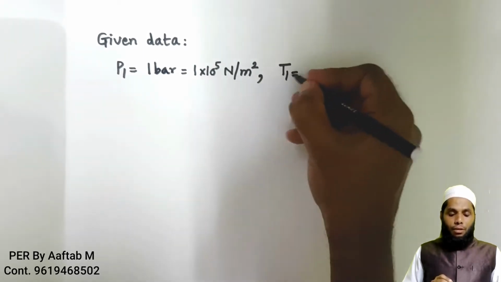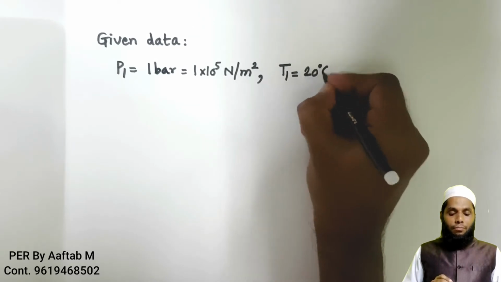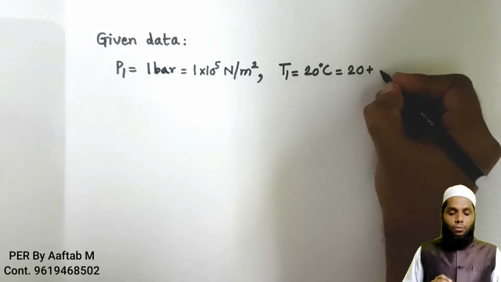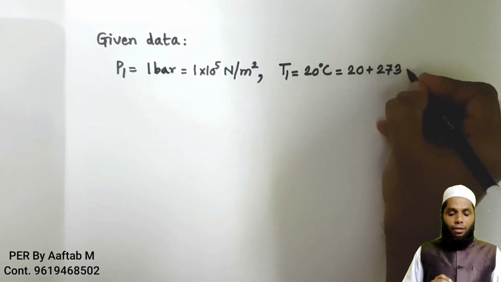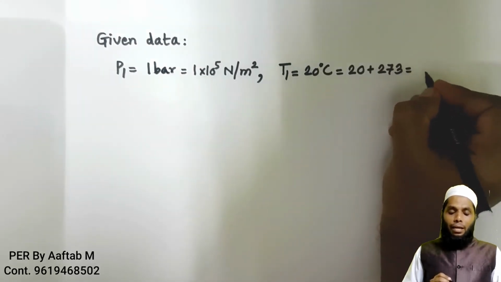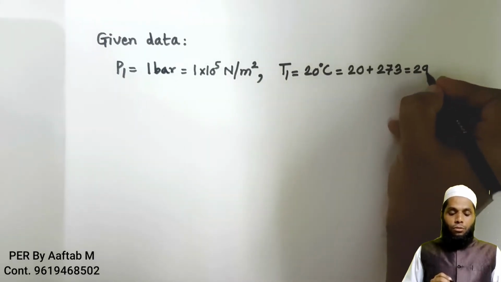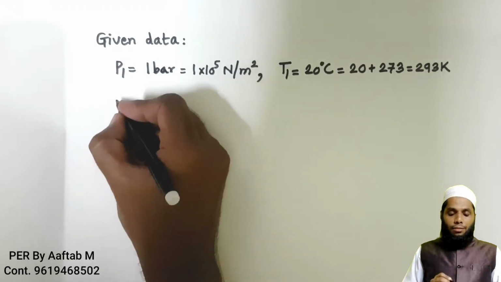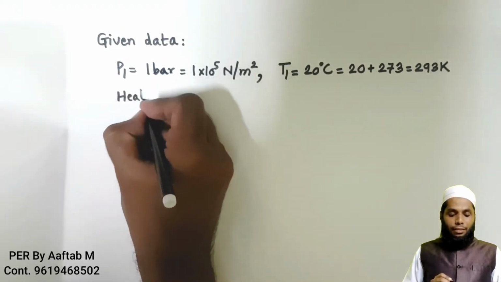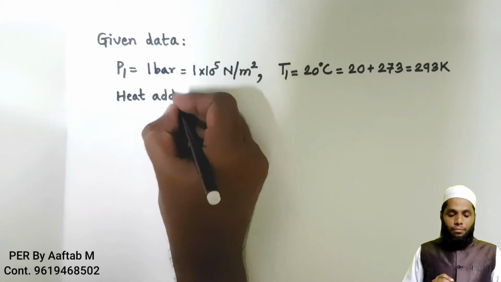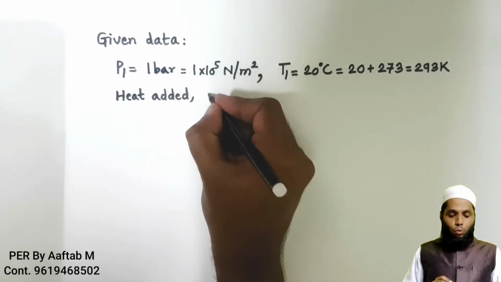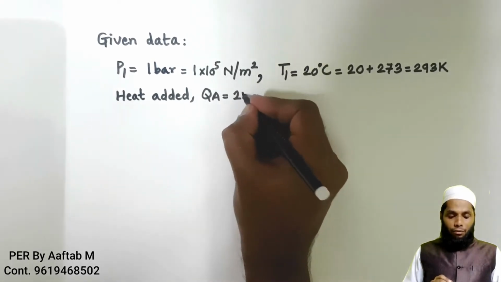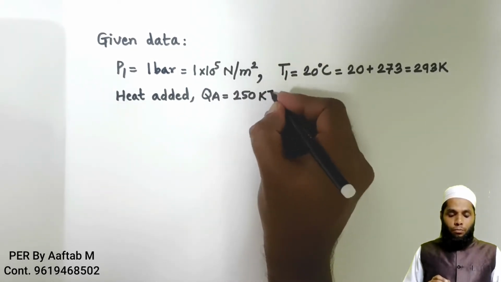Then we have initial temperature, that is T1, and it is equal to 20 degrees centigrade. Will convert it into Kelvin by adding 273. So this is 293 Kelvin.